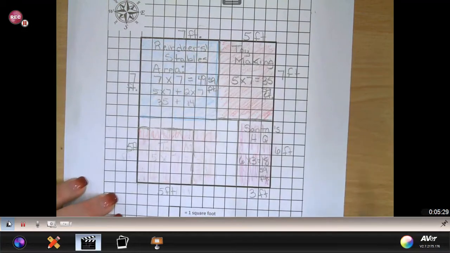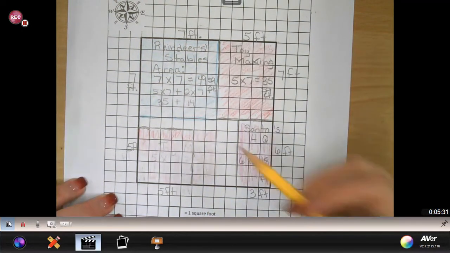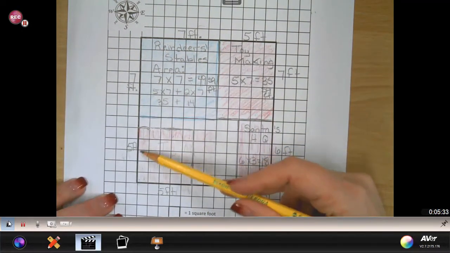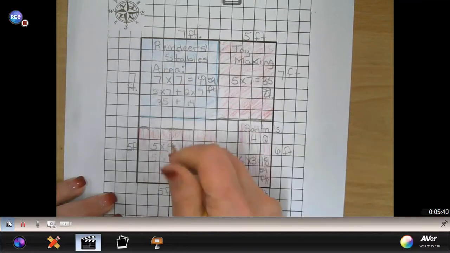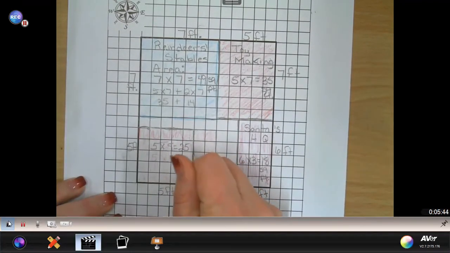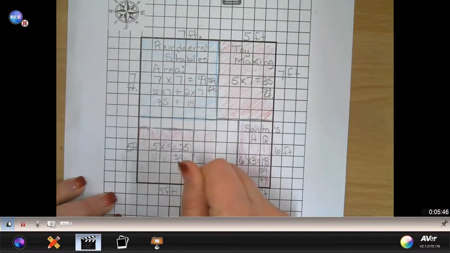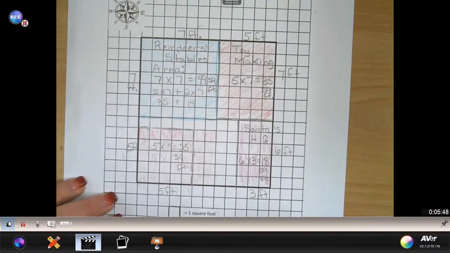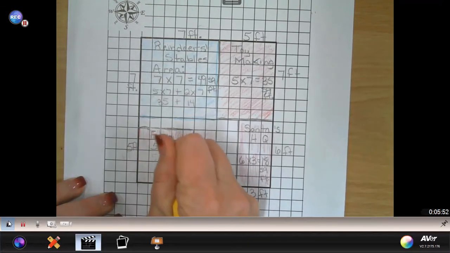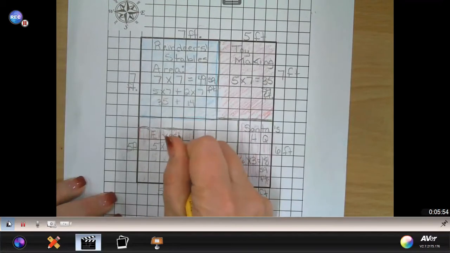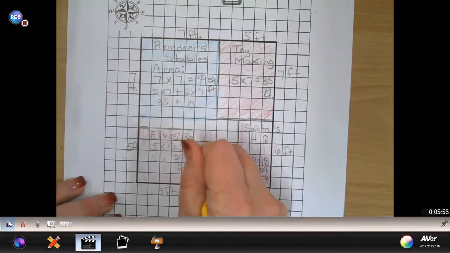So it's 5 rows with 5 squares in each row. So I have a 5 by 5, which is going to give me 25 square feet. And this is the elves room. I'm just going to write elves here.